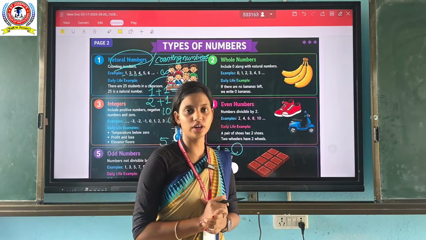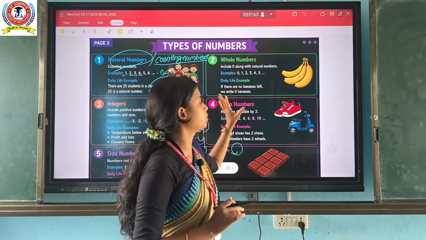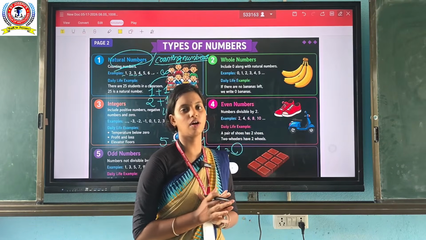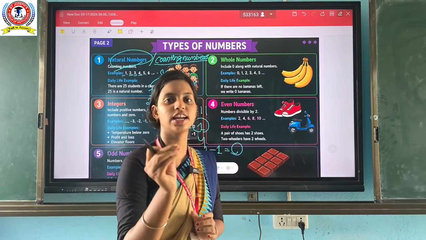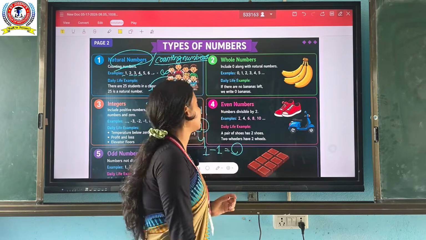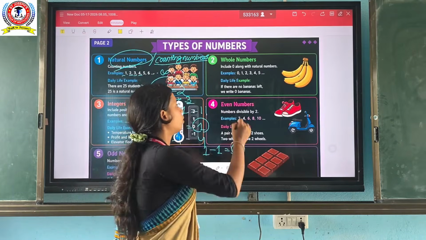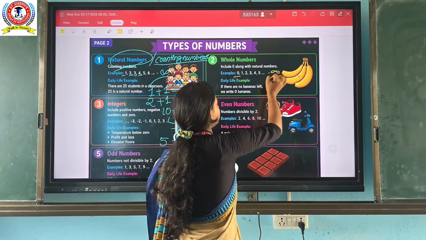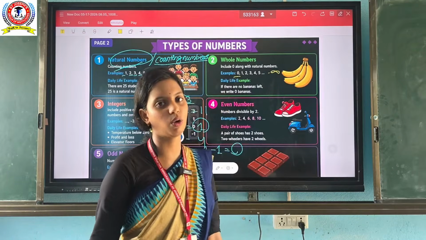In whole numbers, an extra 0 is added along with all the natural numbers. All the natural numbers के साथ extra क्या है? Extra एक 0 है. That is whole numbers. Whole numbers start from 0 and go up to infinity. There is no end in whole numbers.